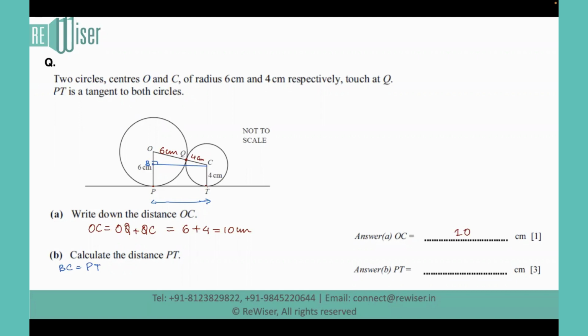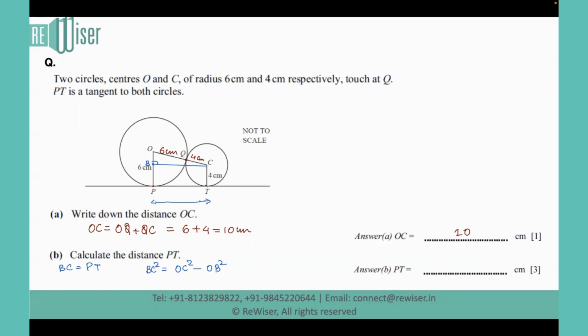To find BC, we'll apply Pythagoras theorem, and I can write that BC square is equal to OC square minus OB square. Now we do know what is the length of OC, but we are not aware of the length of OB, which we will have to find first, and then further we can find the length of BC.